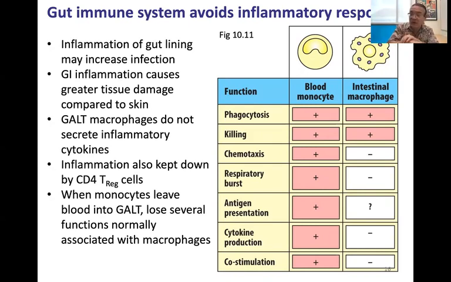The walls of the capillaries also get leaky so that whole cells like monocytes or neutrophils can make their way out of the capillaries much easier. And inflammation also makes it harder for fluid to drain away from that area, fluid that might end up carrying things like bacteria away from the site of your cut. So inflammation is a very important part of a systemic immune response.